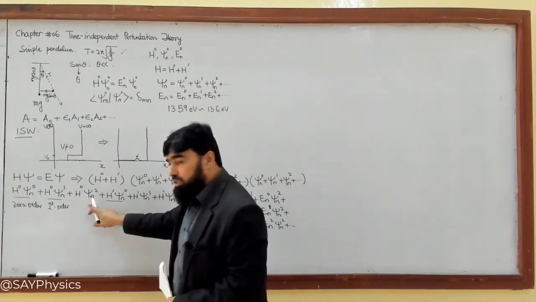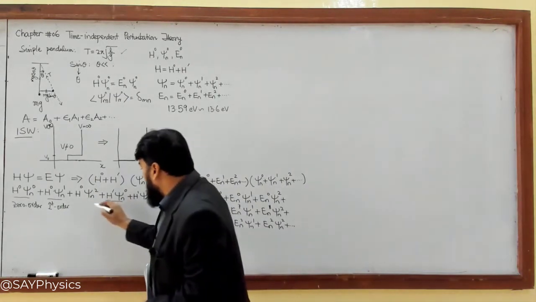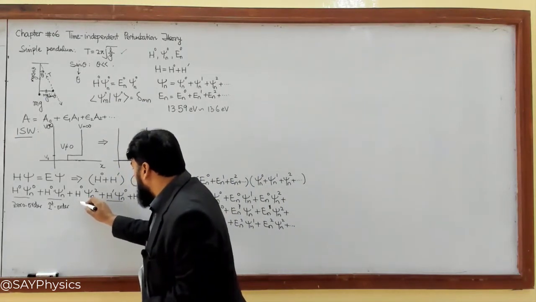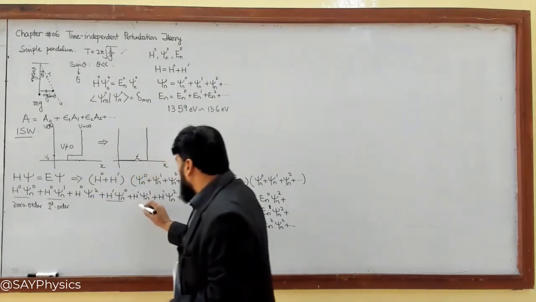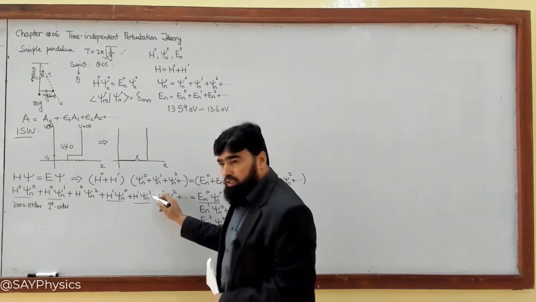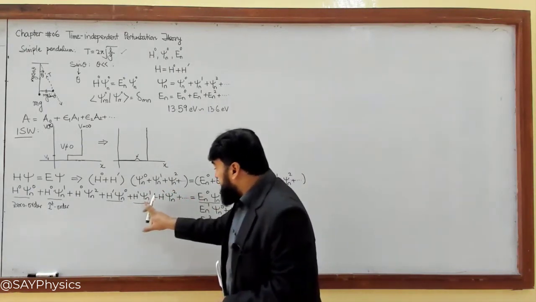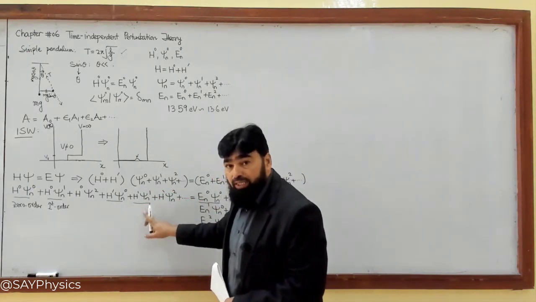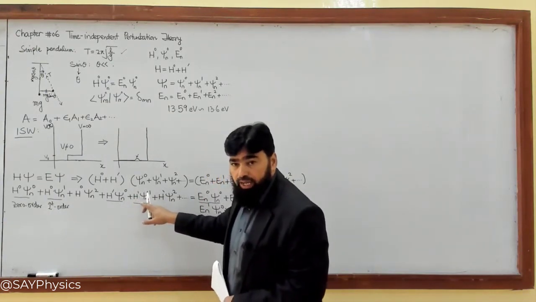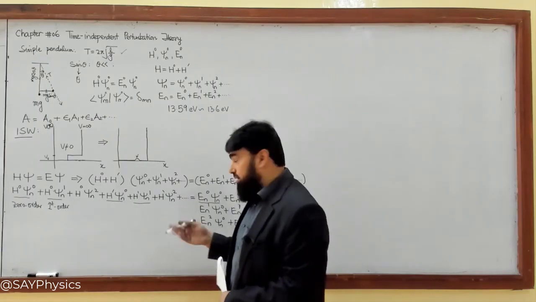This one is second order. But look here, if I come here, this is H0 psi n0. This is first order. This one is second order, because H prime and psi n2. Psi n1 will not remain psi n1 after operating on this one, and that's the reason we call this second order.